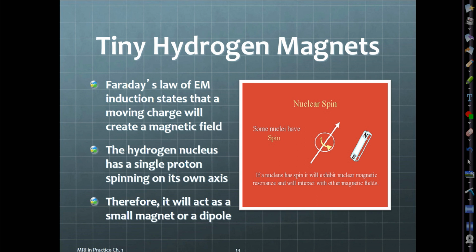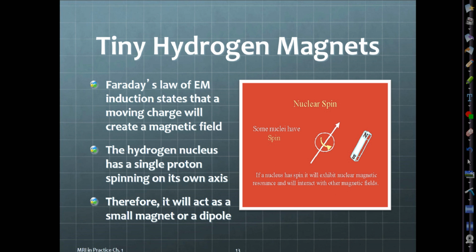All right. So when we have a moving charged particle, like I said, it creates a magnetic field around it. And remember, Faraday did a lot of research in terms of magnetic induction and moving charged particles and how it creates magnetic fields. So remember Michael Faraday, he had a large part in helping MRI imaging evolve.